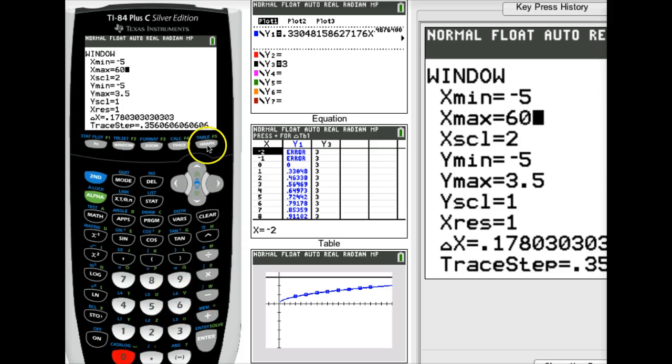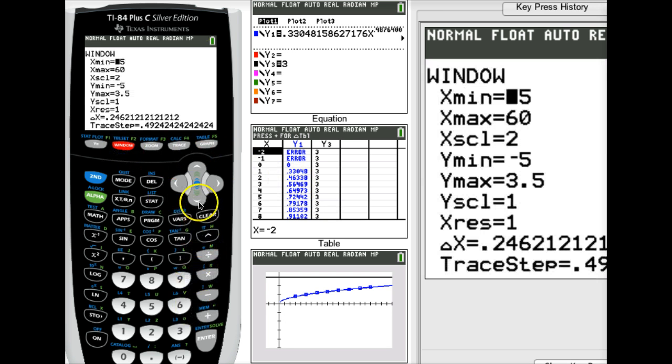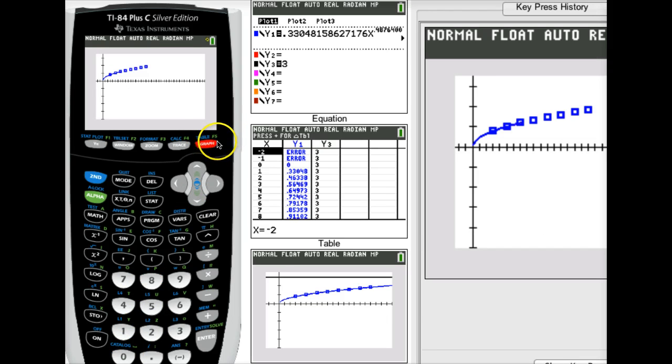So I'm going to make my window like 60 and see if I can see it there. Still not, so a little bit bigger. Let's go to 80. And hopefully I can see the intersection as I get a little bit closer.